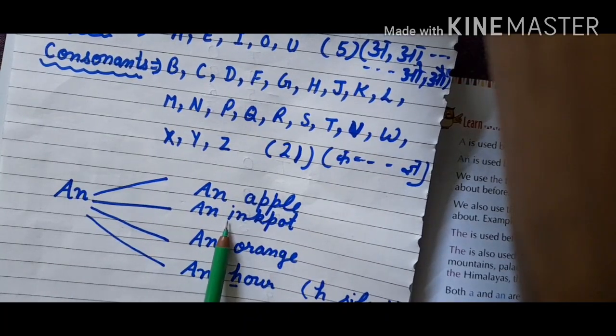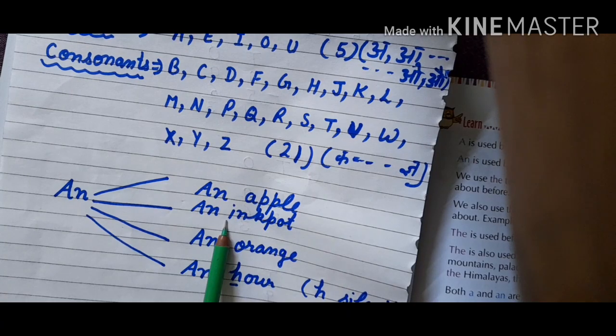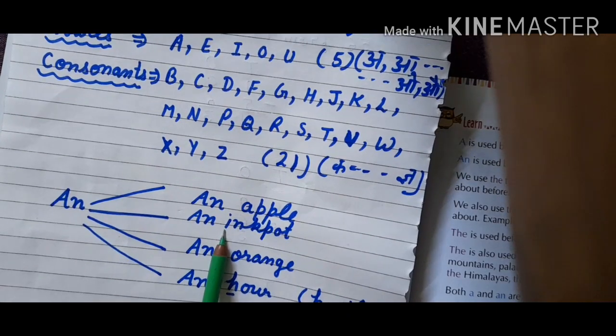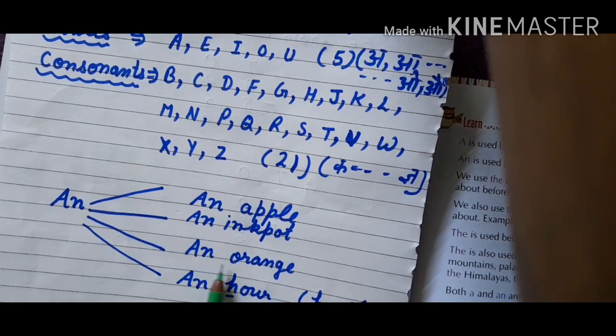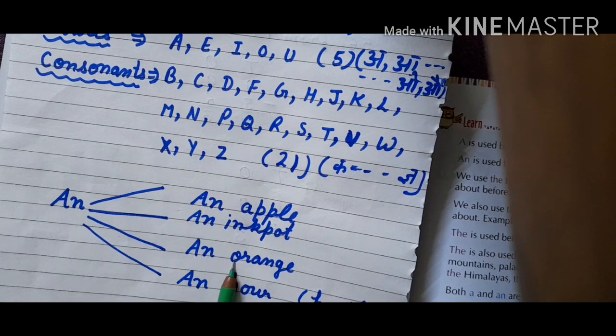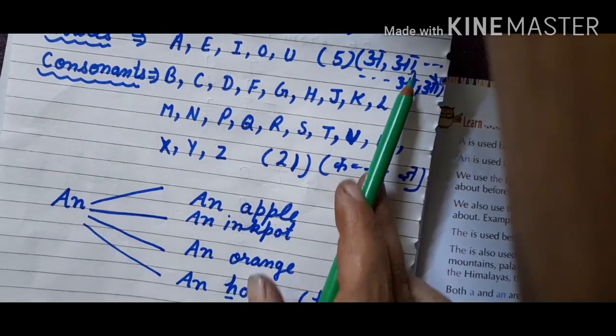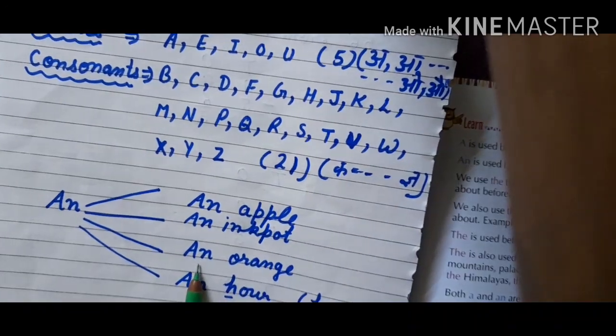Here we have first letter I and it is giving the sound of E. So we will write here an inkpot. Now next, an orange. Here the first letter is O and it is giving the sound of Hindi vowel O. So we will write here an.